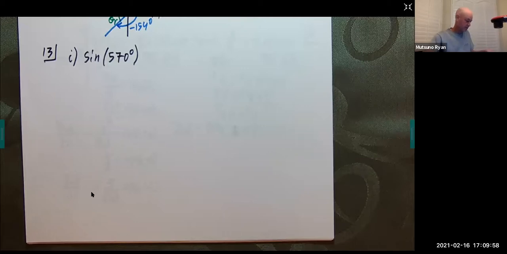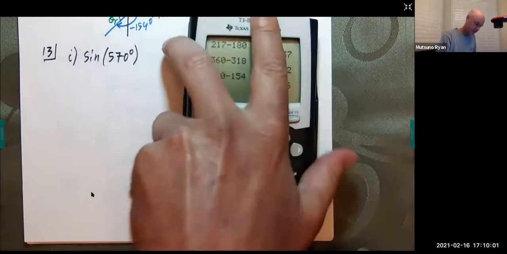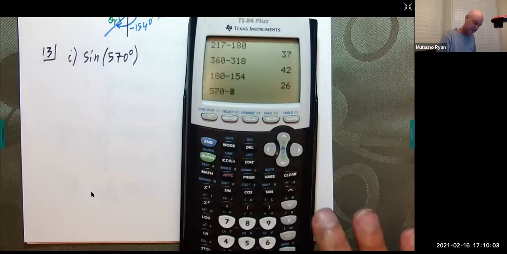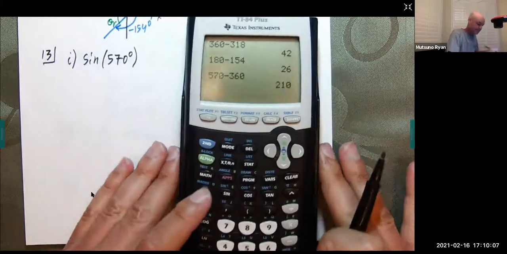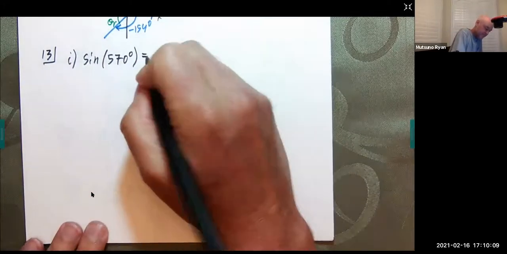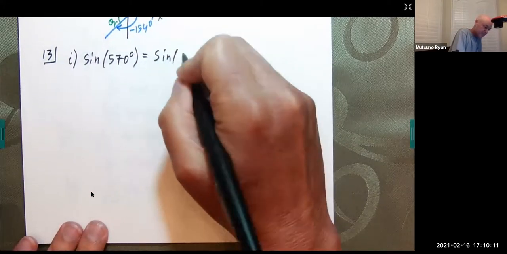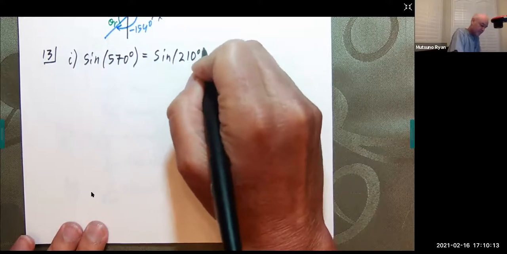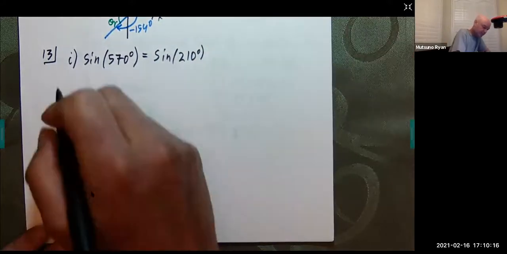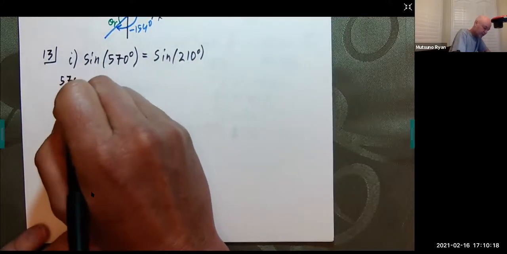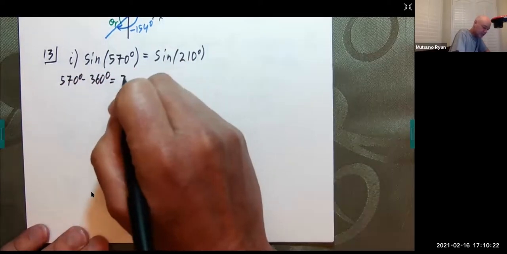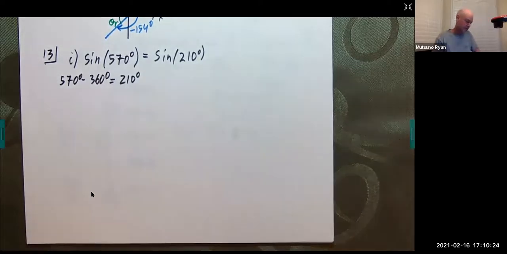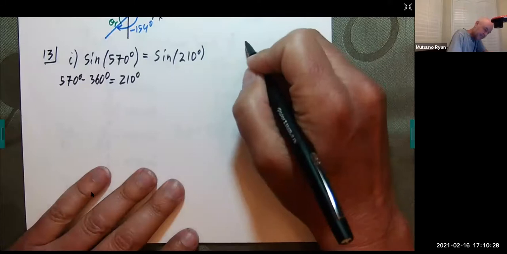So I'm going to take 570, subtract 360, which gets me to 210. I got that by going 570 degrees minus 360 degrees. 210 is in quadrant 3.